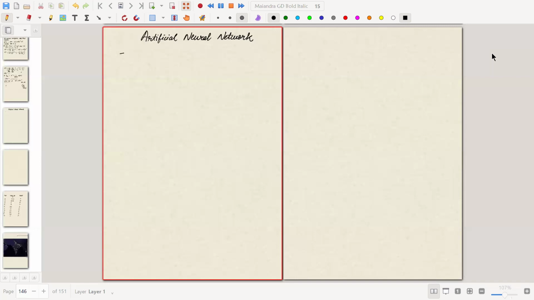We will talk about one such neuron today, the perceptron. That's a very basic artificial neuron. But when we combine many different neurons in a network topology, it becomes an artificial neural network.